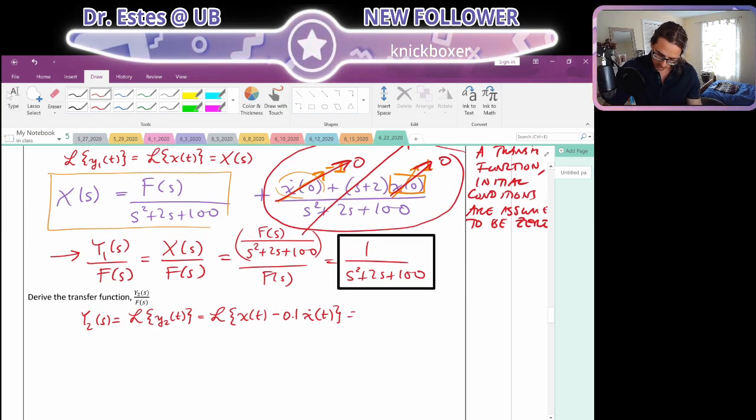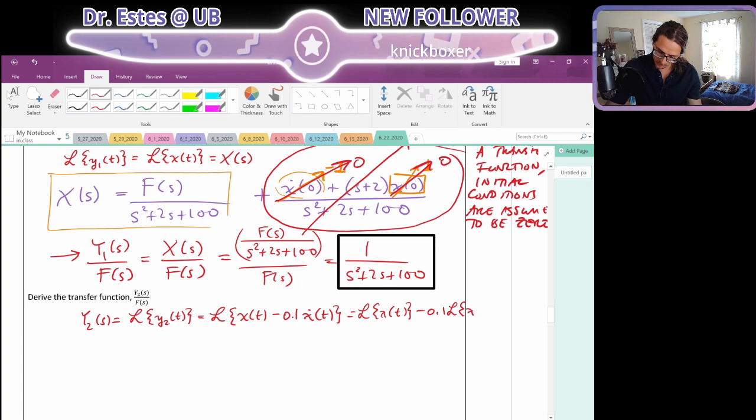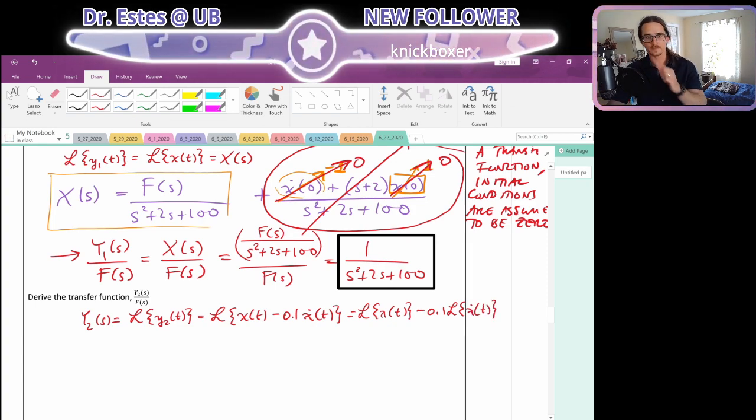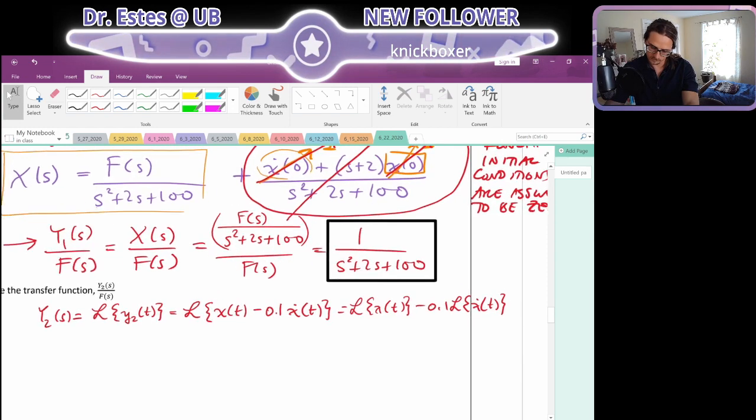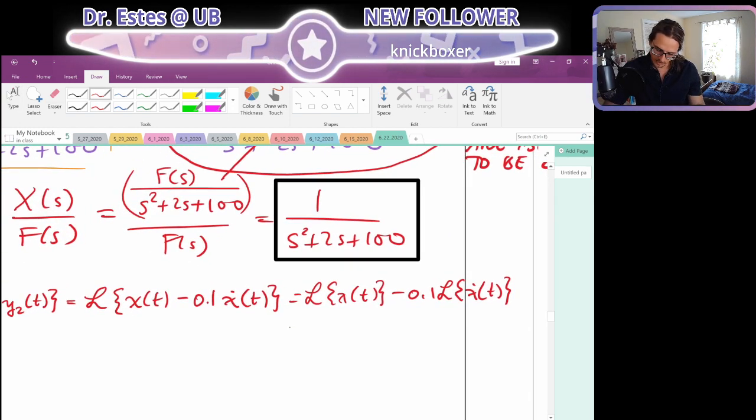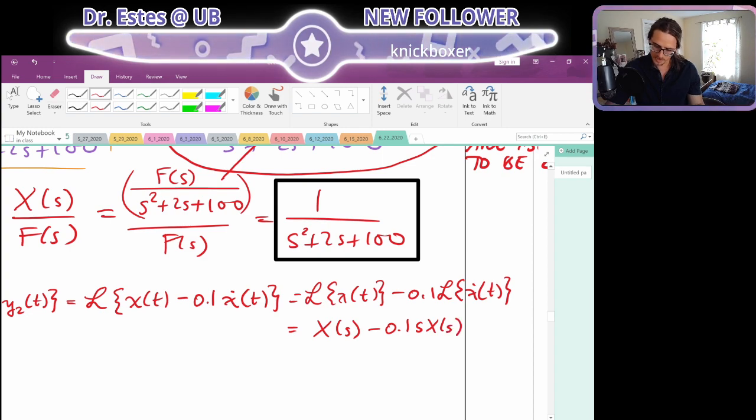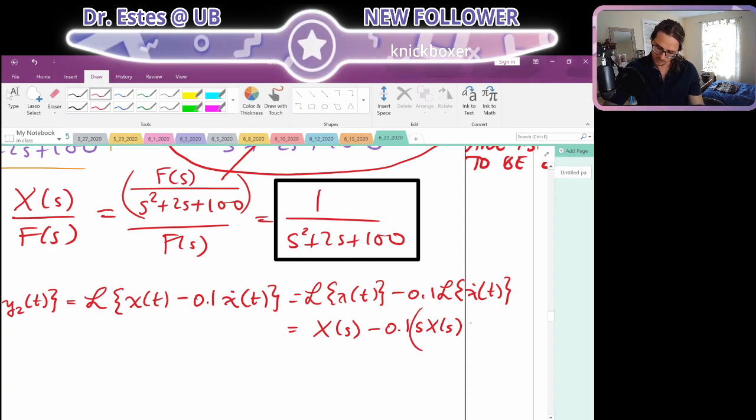And this, of course, is the Laplace transform of x of t minus 0.1 times the Laplace transform of x dot of t. And that's going to be x of s minus 0.1 s times x of s, here, I'll include this complete thing, minus x of 0.